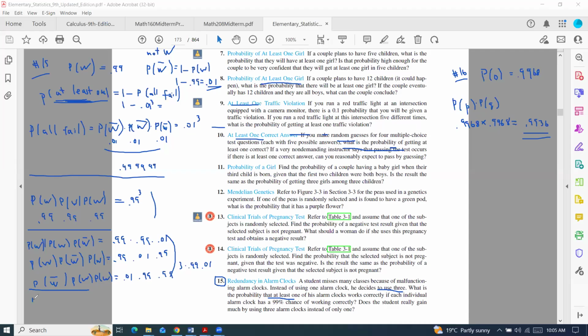But there could be only one that worked. Let's say the first one worked, so he bought some alarm clocks and only one works and the others fail. And that's pretty sad, but it's fine because he still wakes up and goes to the test. So the one that worked could be, again, the first one or the second one or the third one. And the other two did not work. You see, that's kind of similar to the previous, right?